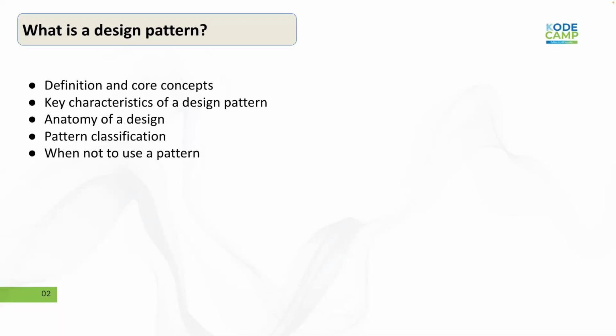So the key characteristics of a design pattern, we have a whole lot, but we'll be looking at 5. So the first one is reusability. The second one is communication tool. The third one is best practices. The fourth one is language agnostic. And the fifth one is problem solution mapping.